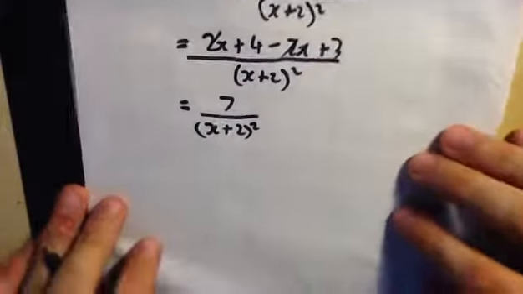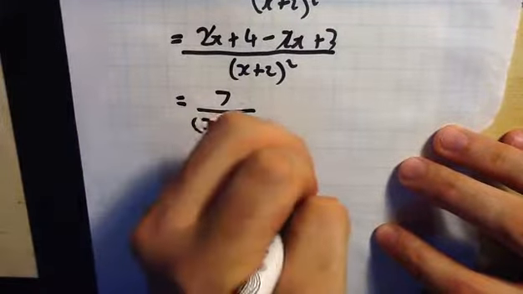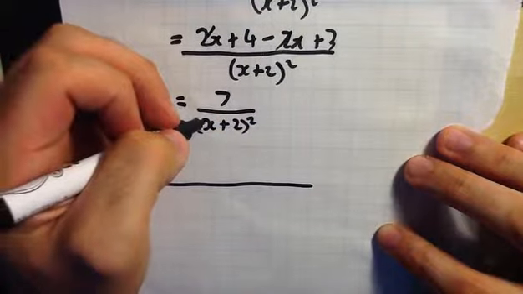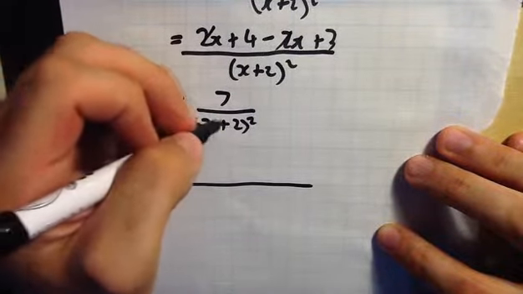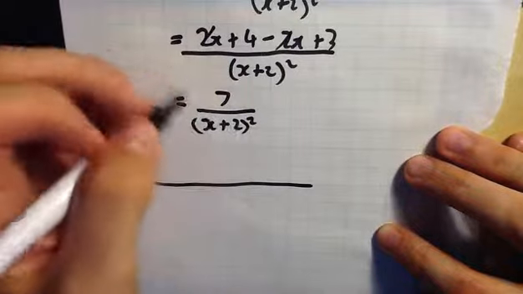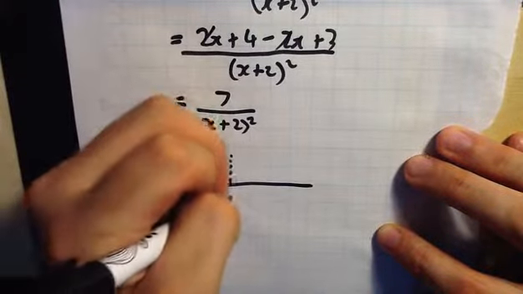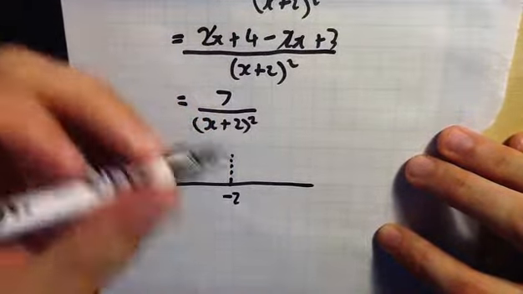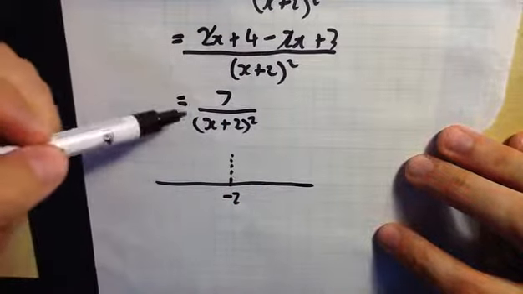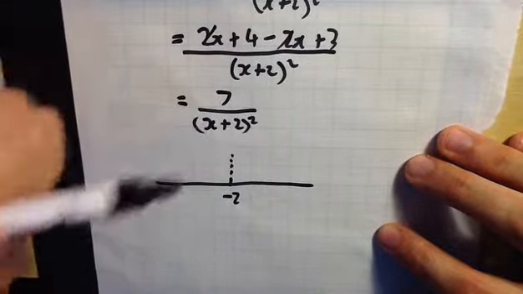So the sign diagram for this: if x was negative 2, this denominator becomes 0, so I've got an asymptote at negative 2. There's no maximum or minimum here, because the derivative is never 0, you can see.